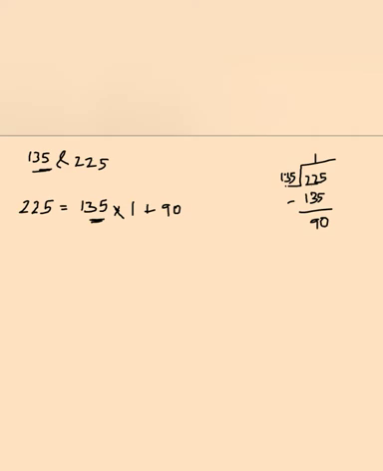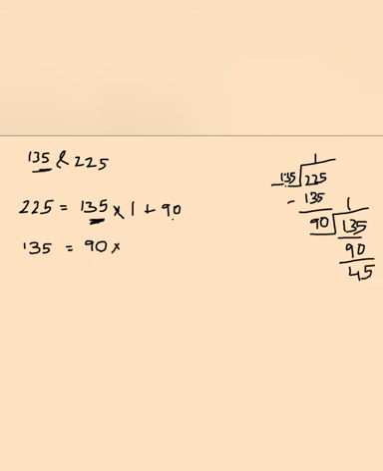Now the next part: we write 135 here. The divisor becomes the dividend, and the remainder becomes the divisor. So we are left with 90. 135 equals 90 into 1 plus 45, so 45 is left.